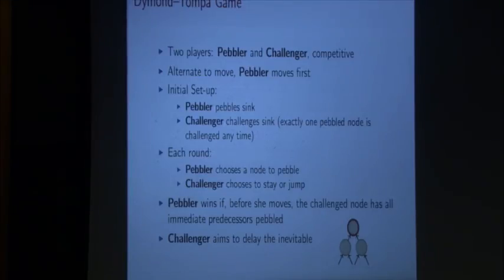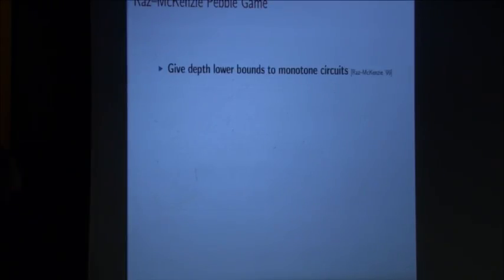It turns out that this is the same Pebble game as another Pebble game introduced by Ron and Pierre, the Raz-McKenzie Pebble game. This is used to give depth lower bounds for monotone circuits, and is motivated by decision tree complexity of search problems. In short, the game tree more or less will give you the decision tree.